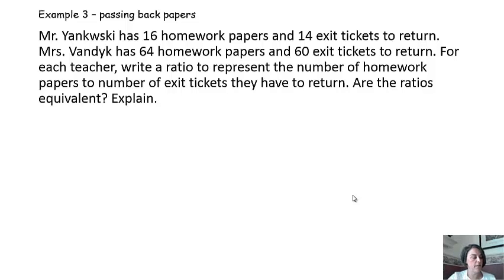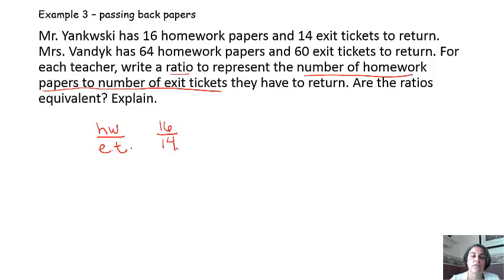As I look at this example, I think to myself, okay, I want to write a ratio that represents the number of homework papers to the number of exit tickets. Then I want to know if they're equivalent. So first of all, I'm going to do homework papers to exit tickets. For Mrs. Yankowski, she has 16 homework papers to hand back and 14 exit tickets.